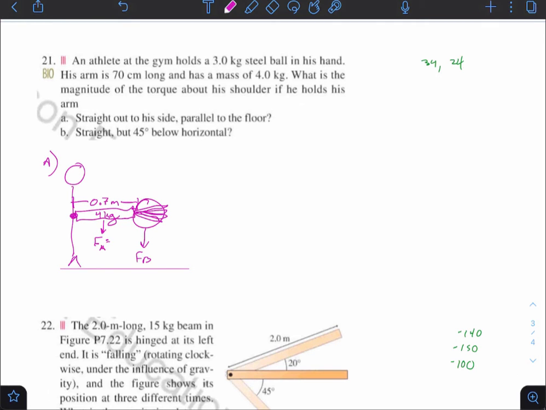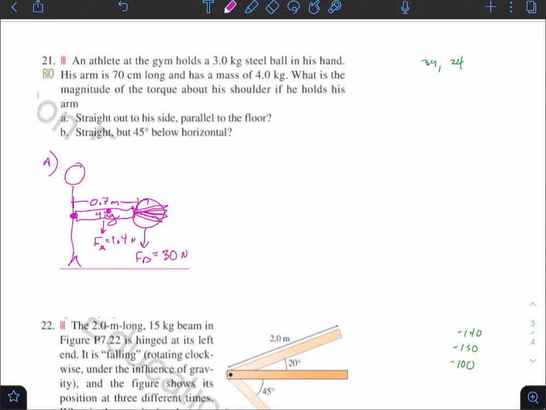And again, force is mass times gravity, so this is going to be 4 times half of 0.7, or 4 times 35 centimeters, because we can assume that it's being pulled down at the center of mass, and the force of the ball is going to be 3 times 10, or 30 newtons.